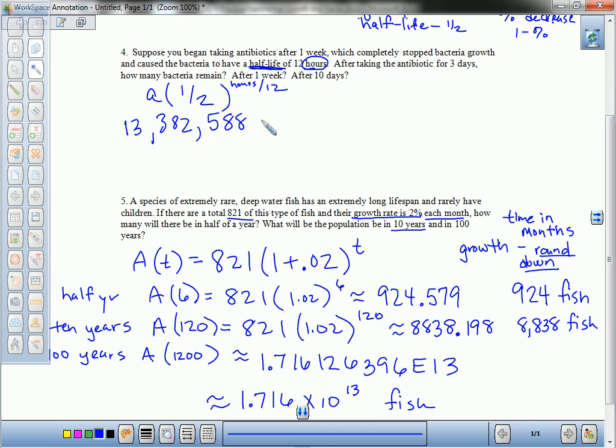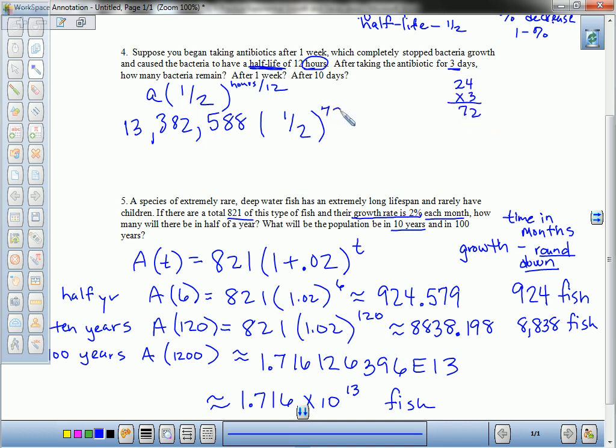Okay, so we want to know when half would be remaining. So 3 days. 3 days is our time. But our time is measured in hours. Every 12 hours. So how many hours are in 3 days? 72. So we do 24 times 3 is 72.